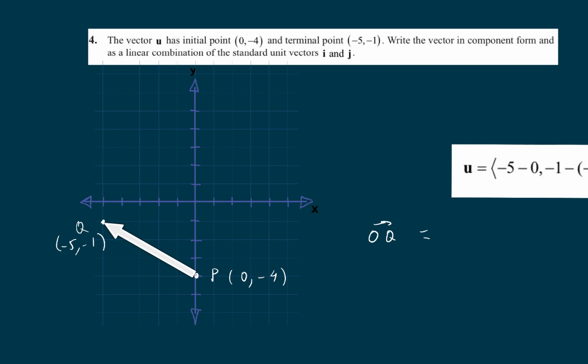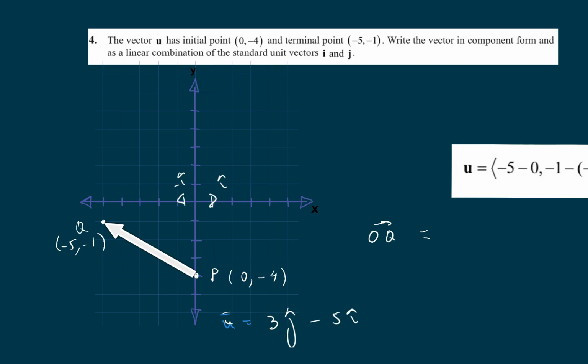is the vector 3j going up, minus 5i. The vector i is this one. Minus i is this one. If you walk 5 meters in the direction of minus i, you go here.